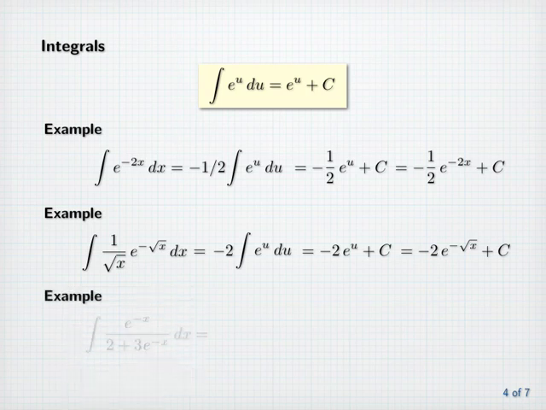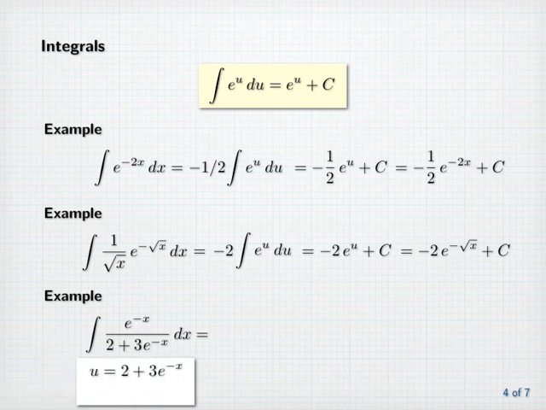Another example. The indefinite integral of e to the minus x divided by 2 plus 3 times e to the minus x dx. Here we'll substitute for the denominator. We'll let u equal 2 plus 3 times e to the minus x, which makes du equal minus 3 times e to the minus x dx.